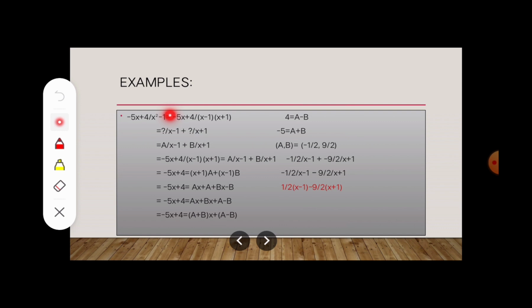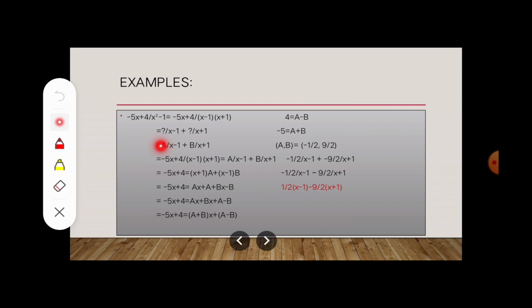So for each factor in the denominator, write a new fraction using the factor as the new denominator. Then the numerators are unknown. Then since the factor in the denominator is linear, the numerator is an unknown constant. So we have a over x minus 1 plus b over x plus 1.